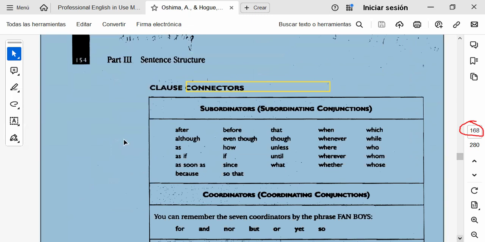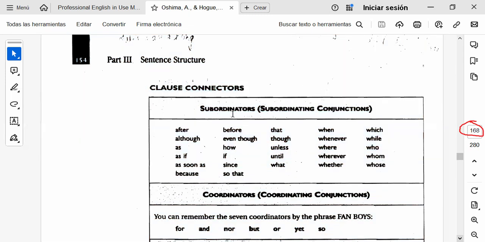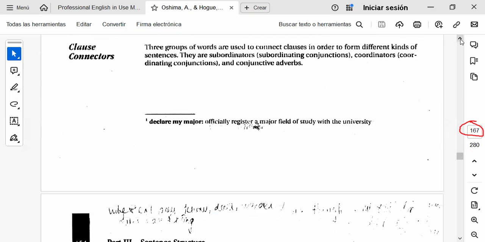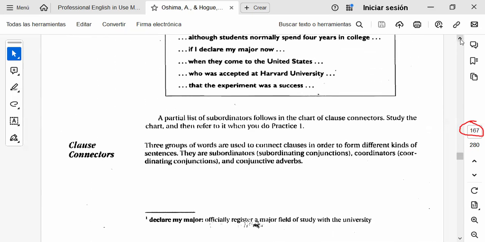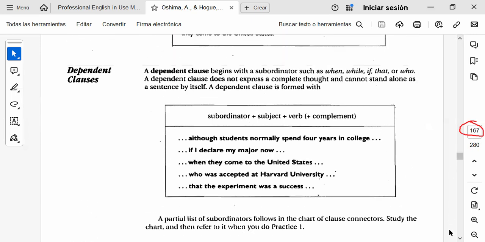So here you have the clause connectors. Subordinators: all of these you can use as subordinators. So you can start with these, your dependent clauses.